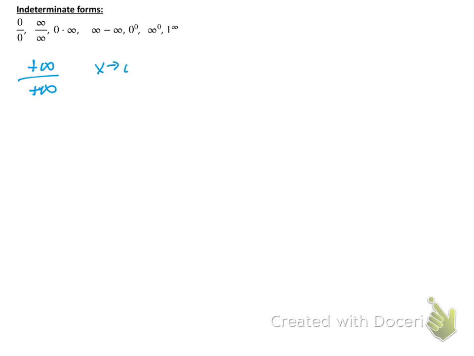As x approaches infinity, this could be x over x squared, x squared over x, or 2x over x. They could be anything. You can cancel an x, but you can't cancel an infinity, because when you write them, they are all a single infinity. x squared is also an infinity. So that's why infinity over infinity is an indeterminate form.